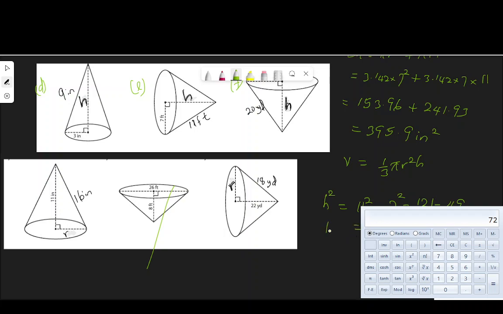So h squared is equal to that, which implies h will be the square root of 72. Square root of 72 is 8.5 approximately.